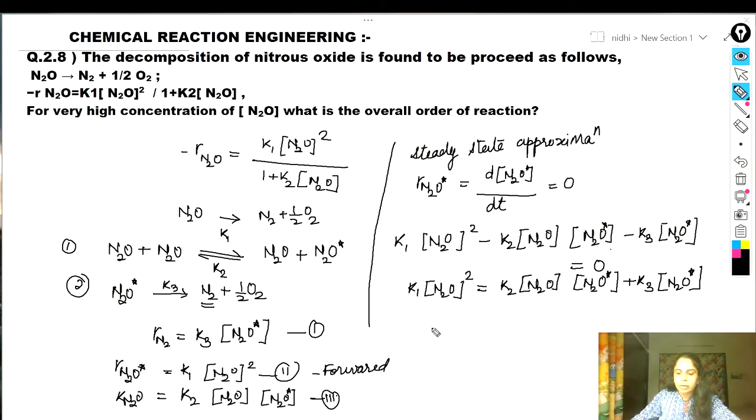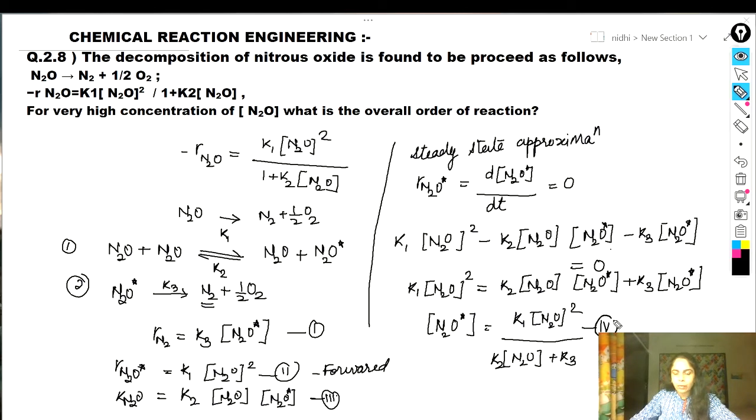Okay. Now we need N2O star. So we arrange again. So N2O star is equal to K1 N2O whole square divided by K2 N2O plus K3. Okay. Now let's take this as equation number 4.